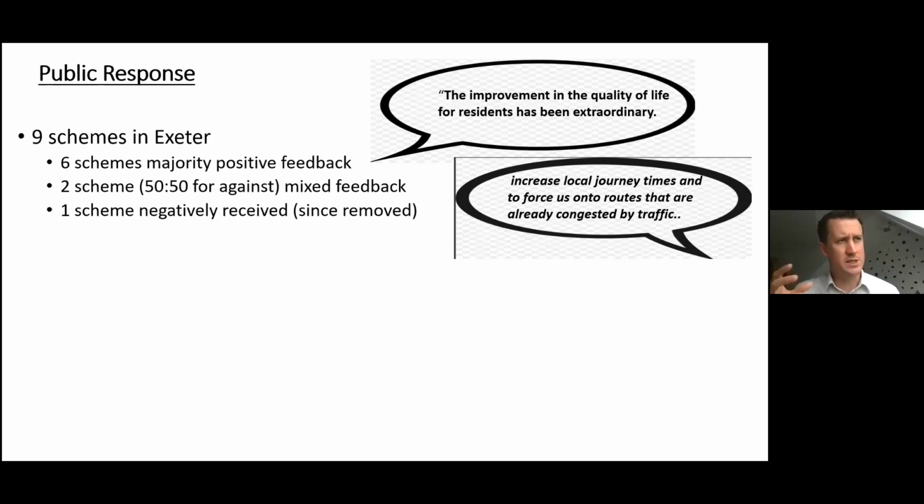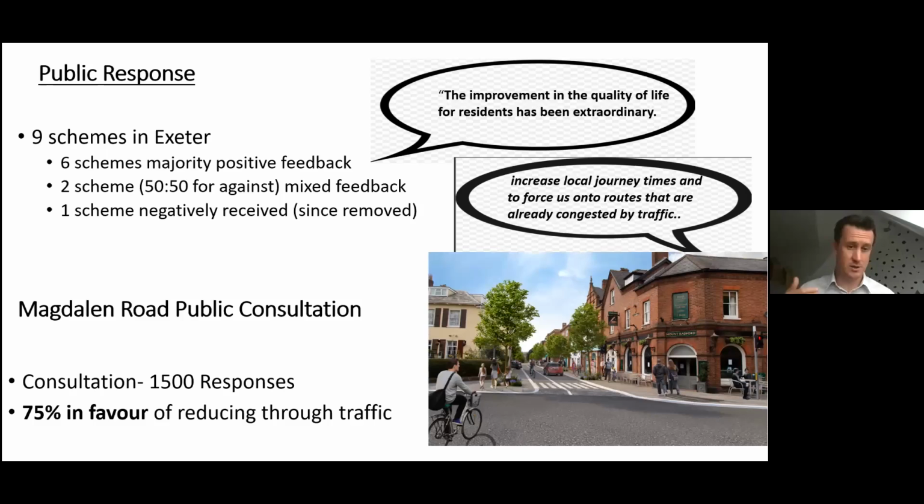But what I would say, and I think we've been fortunate with trials, is that people like the status quo, or people were more comfortable with the status quo. The trial has enabled us to do something differently and then ask people what they think about it. And an example of that is the Magdalen Road scheme, where there was a lot of feedback initially about removing two-way traffic.